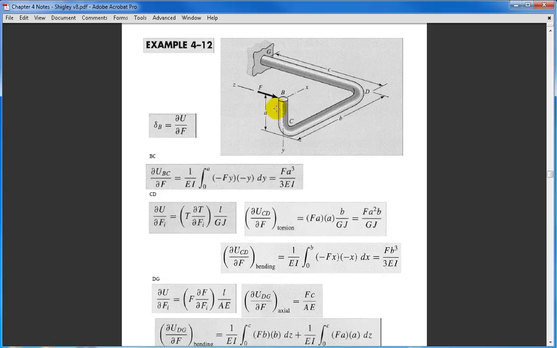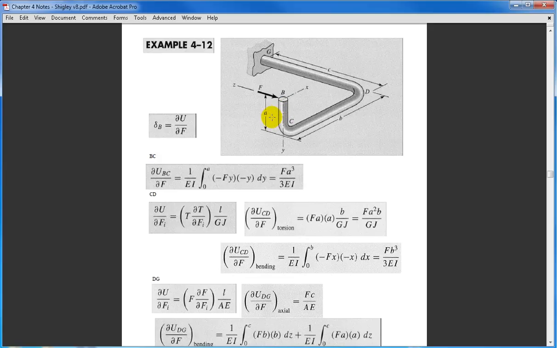Okay, and so deflection in the BC range only is our 1 over EI, our moment equation, times the partial of the moment with respect to F. They're leaving a bit out here, but moment anywhere, measuring in the Y direction.